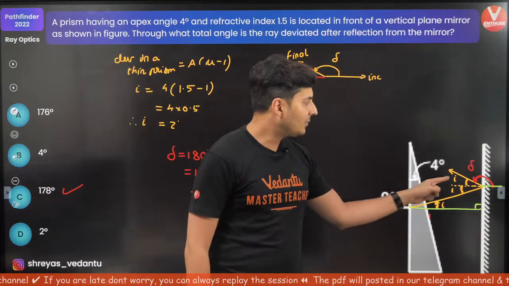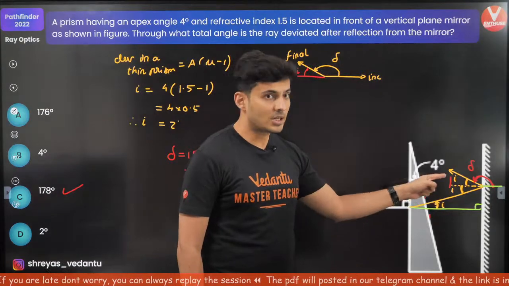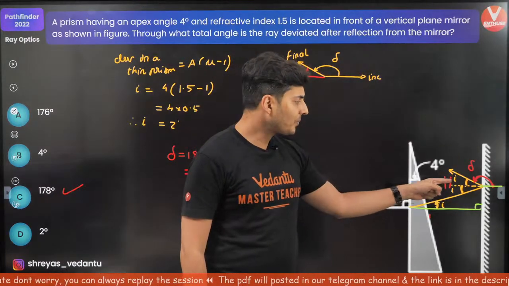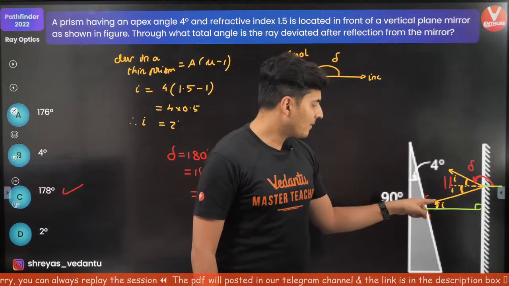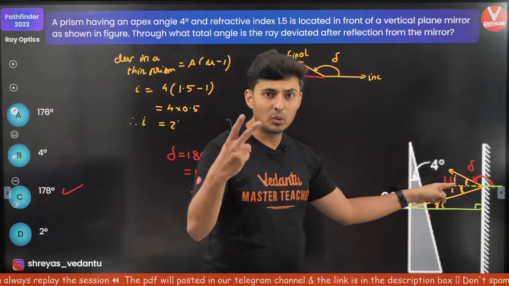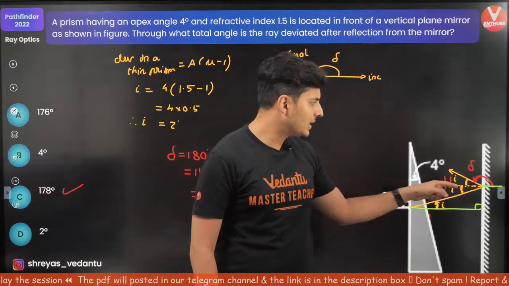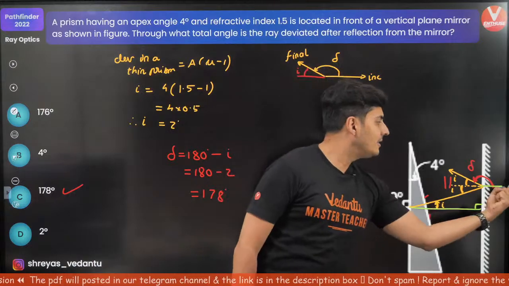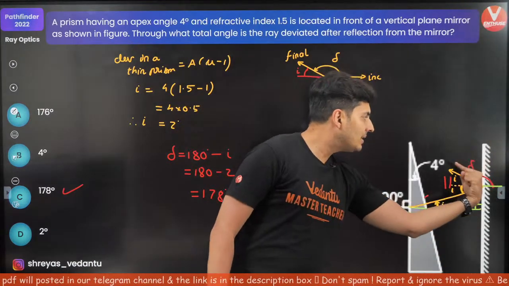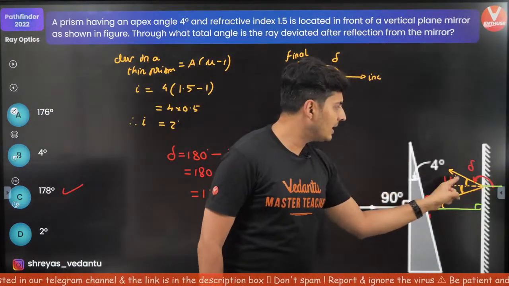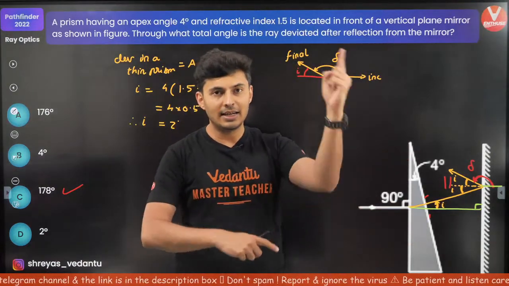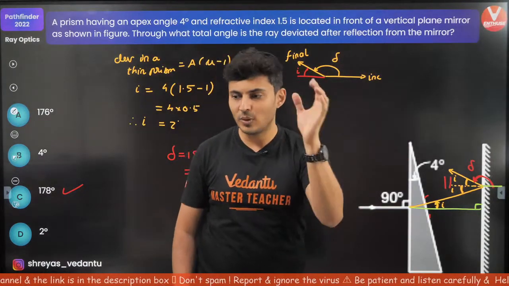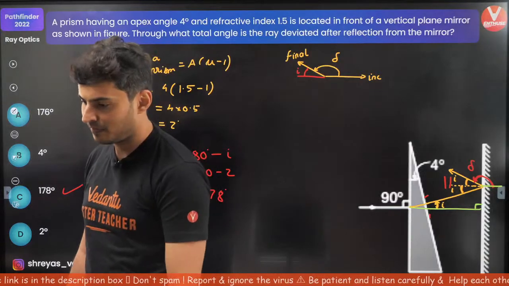And by the laws of reflection, these two angles are equal. So all three are 2 degrees. So how much did it deviate by? It deviated by 180 minus I. 180 minus that, that's 178. I hope that is fine.